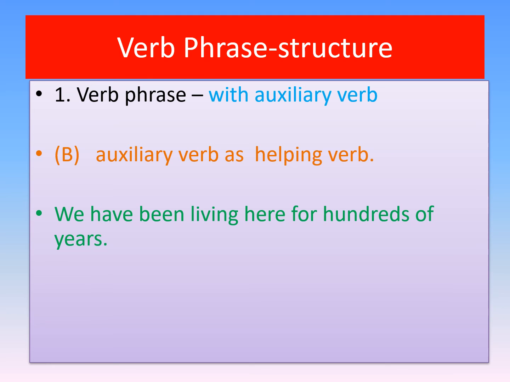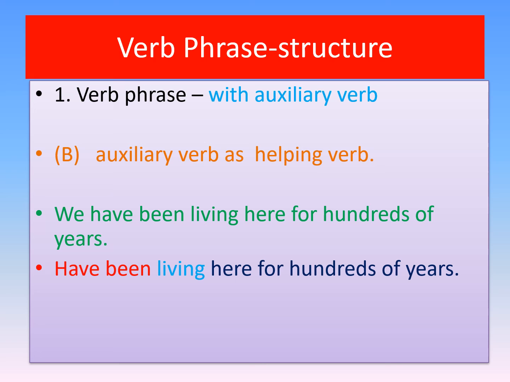Example, we have been living here for hundreds of years. So in this sentence, have been living here for hundreds of years is a verb phrase. Here the verb phrase is started with two auxiliary verbs, have and been. So have and been are the helping verbs, and living is the main verb.